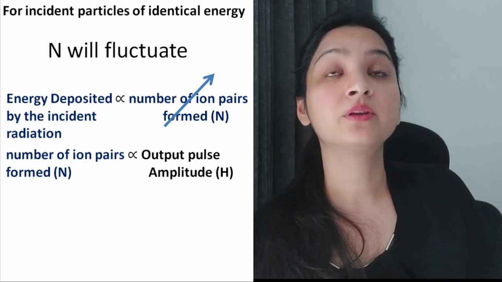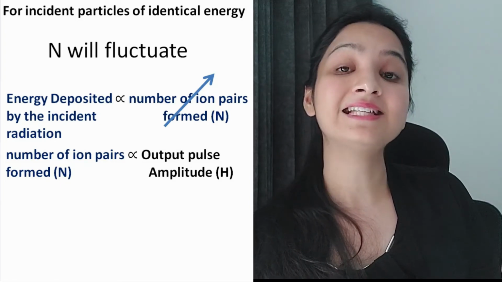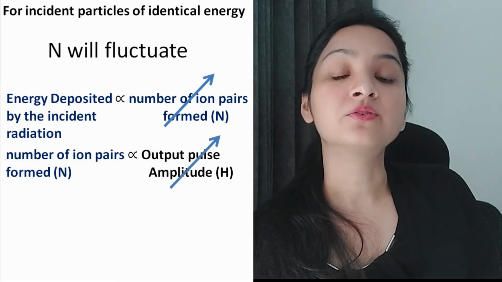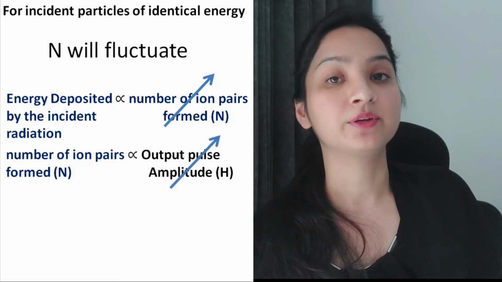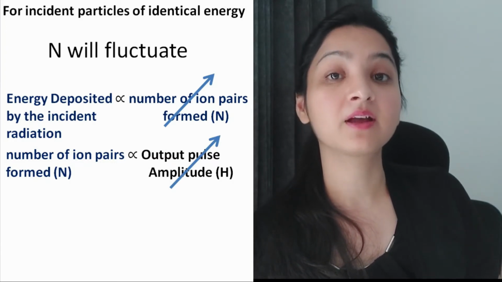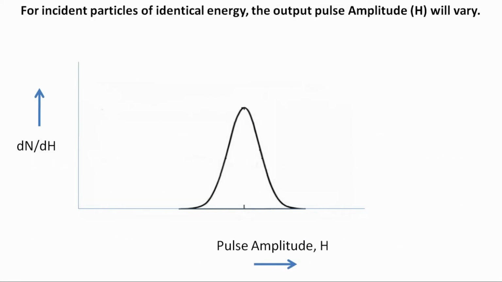And if there is a variation in the number of ion pairs produced for the monoenergetic incident radiation, this means that there will be variation in the output pulse amplitude as well. So what you will be getting? A graph like this. So even if incident particles of identical energy are there, the output pulse amplitude will vary each time because the number of ion pairs produced are fluctuating.